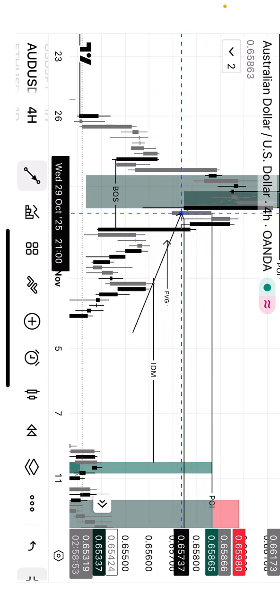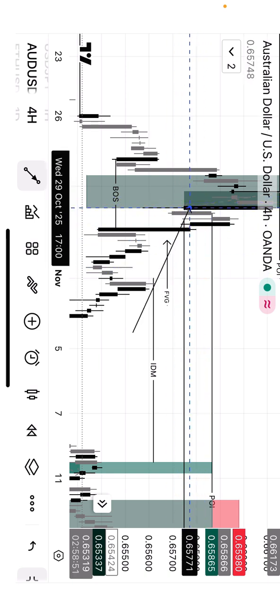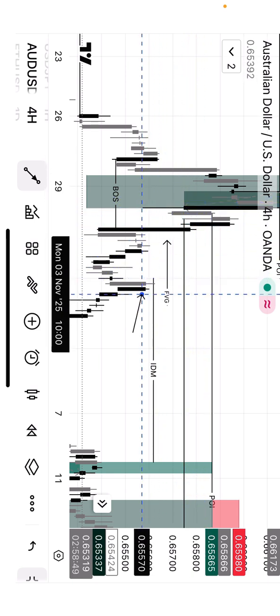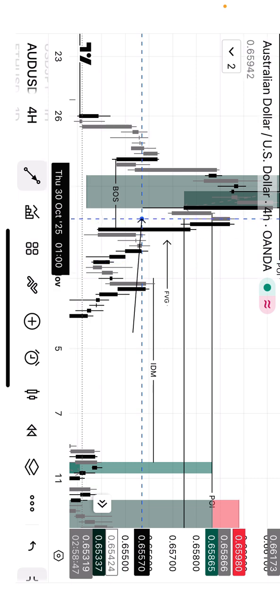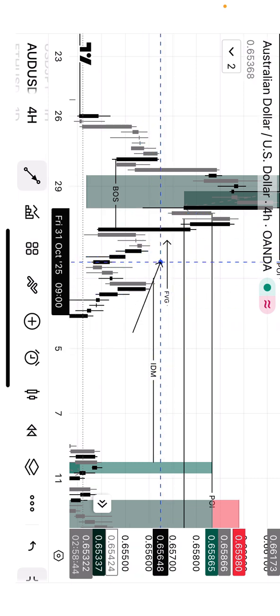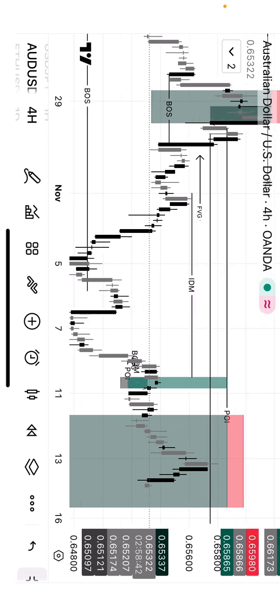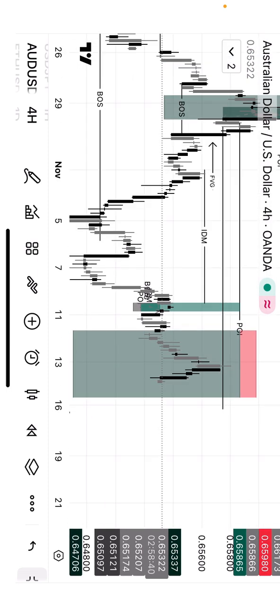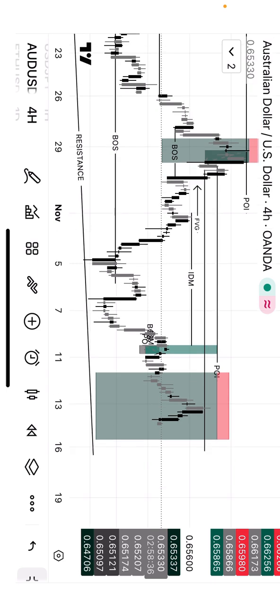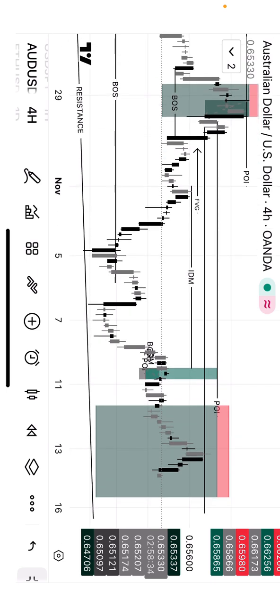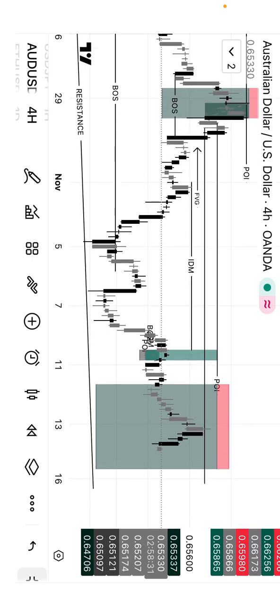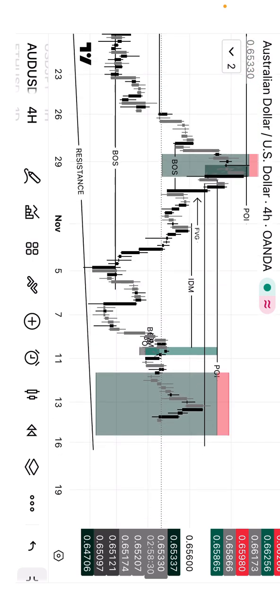But this breaker block is a strong POI, because it is close to the inducement and the fair value gap. And maybe that's why it sold from there and didn't come to my other block POI. So as I see my fair value gap, my inducement and my clean POI like this, I don't need to be skeptical about the trade.